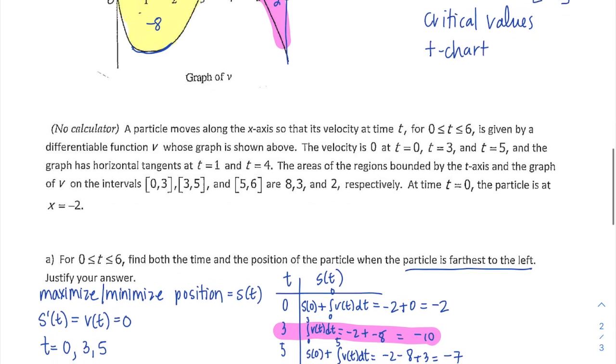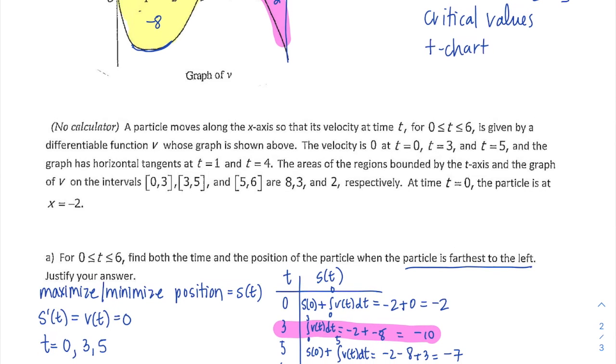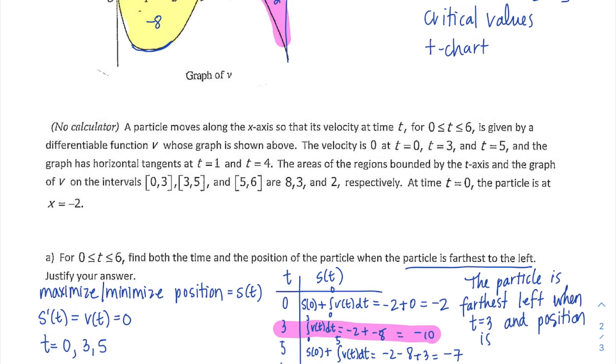And here's my justification. It says justification, so I'm going to say the particle is farthest left when t equals 3 and position is negative 10. Now, we have not been told that this is a continuous function, but we have been told it's differentiable.